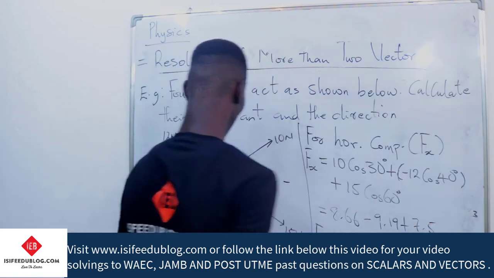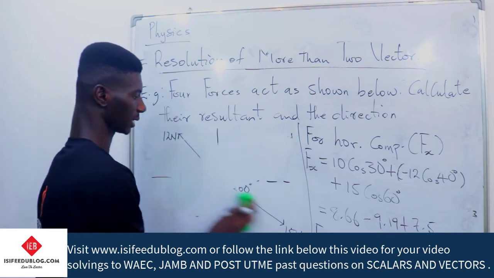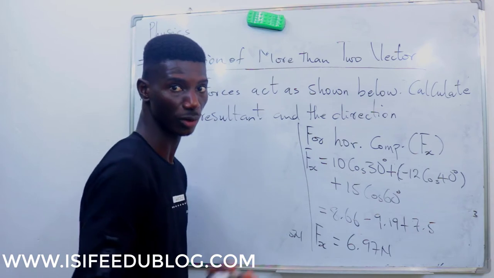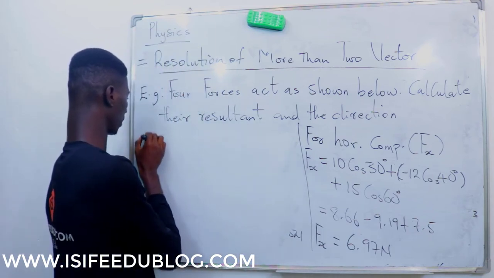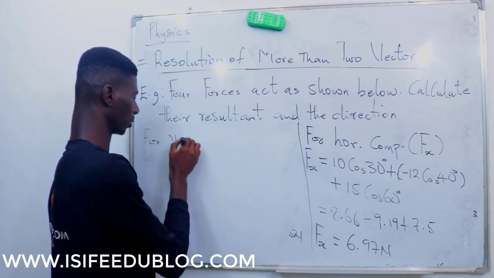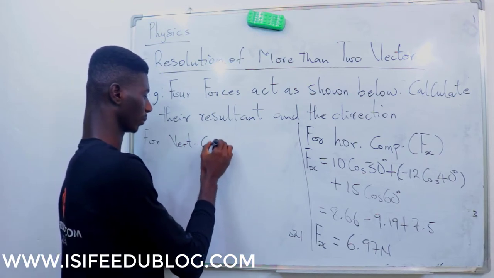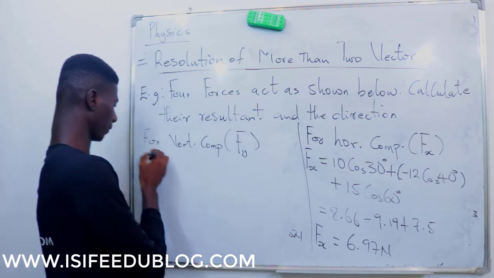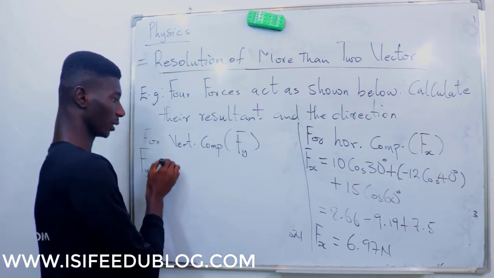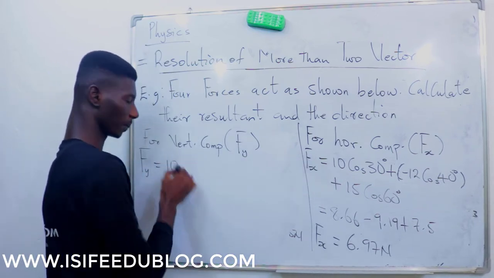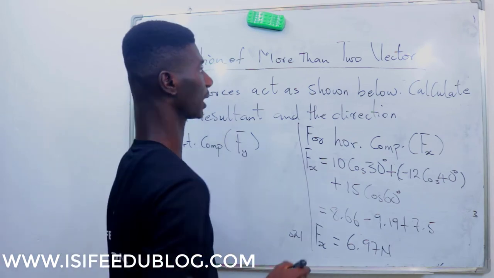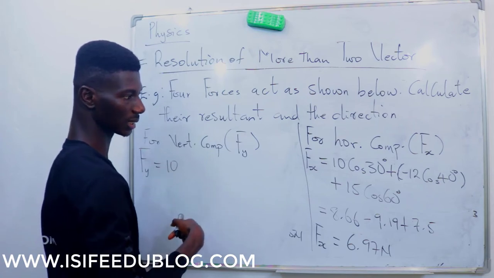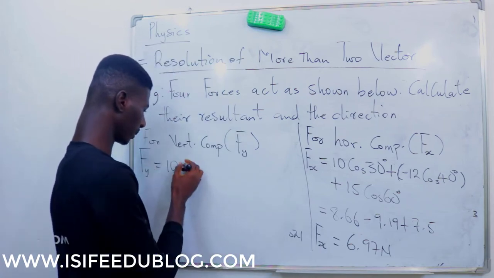So let's now resolve for the vertical. We are using sine to resolve for the vertical. So we have for the vertical component, which is f sub y, we have f sub y is equal to 10. But remember from our diagram, nowhere is sine negative in the first place, so sine is positive.